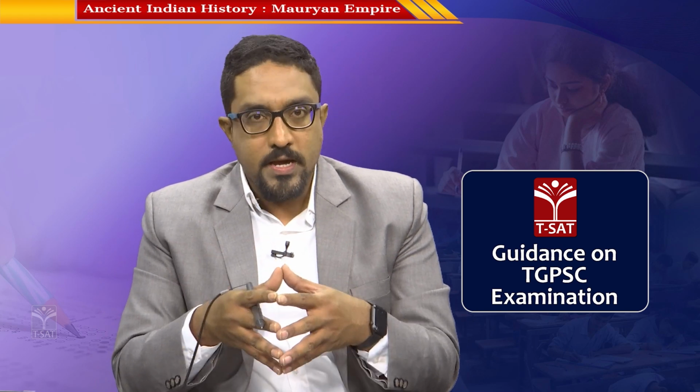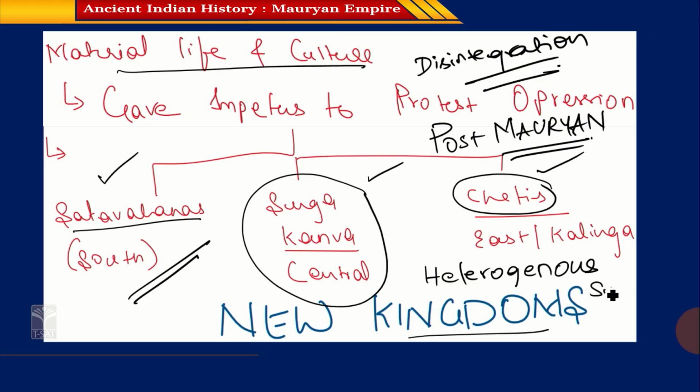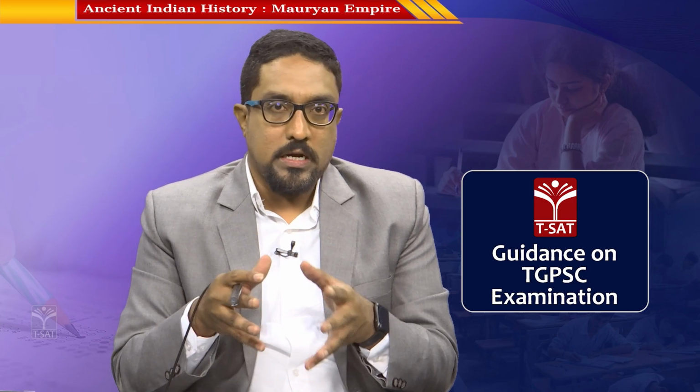All of these people came, integrated into India and eventually formed what we today call a heterogeneous society. Post-Mauryan contribution is very important for your exam, particularly art and culture and also the kings and kingdoms.